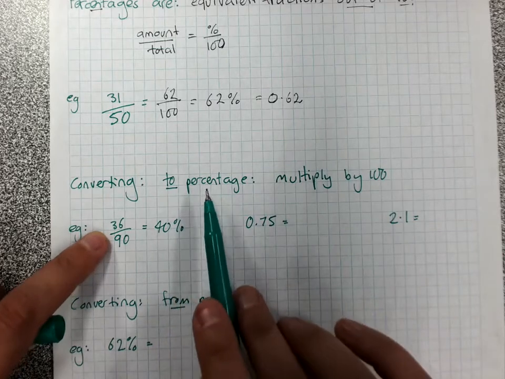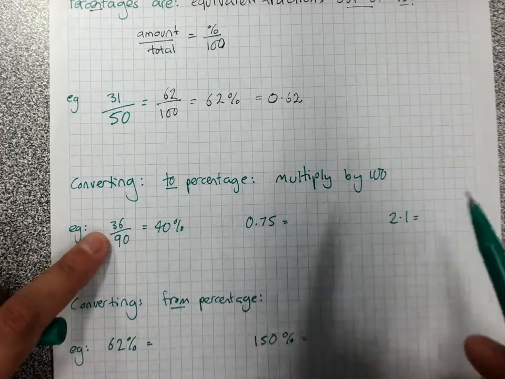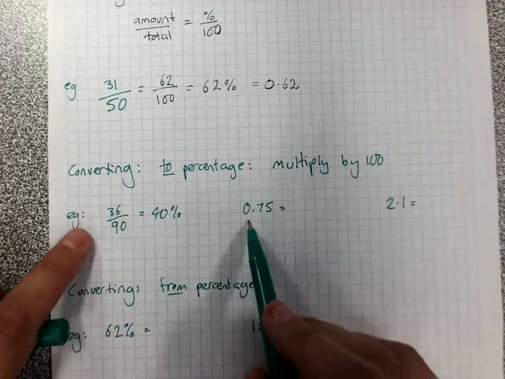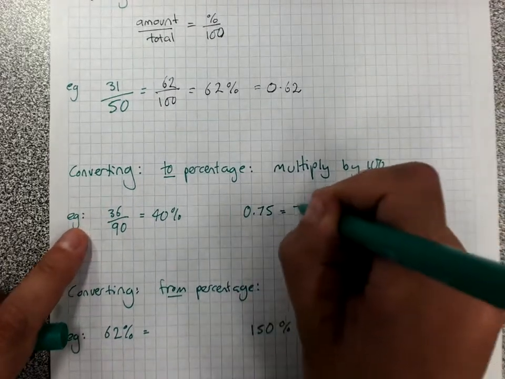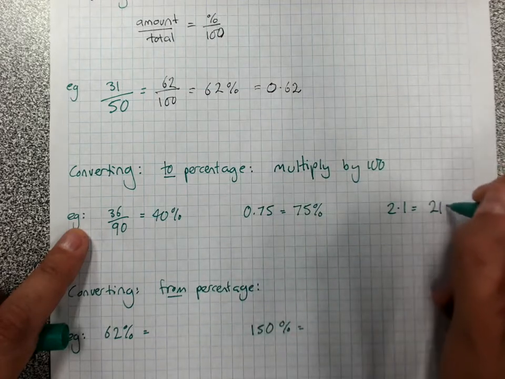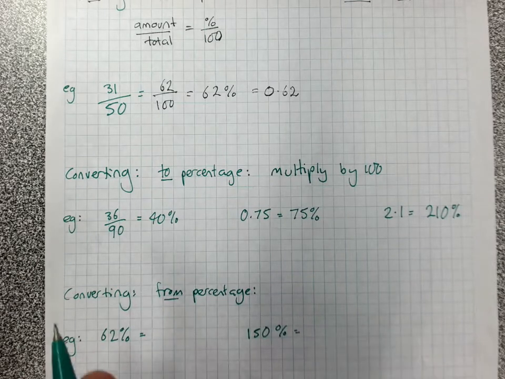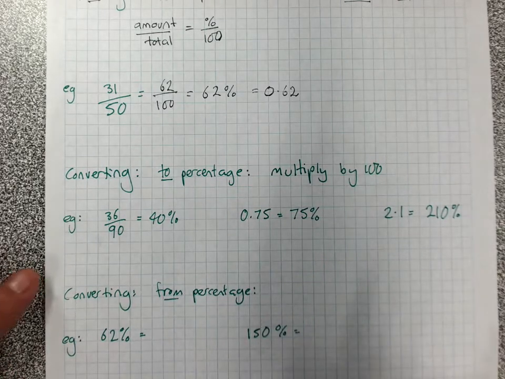So basically, a fraction or a decimal, to get it to a percentage, we're multiplying by 100%. 0.75 is 75%. 2.1 is 210%. Whether it's a fraction or a decimal, multiply by 100 or by 100%.